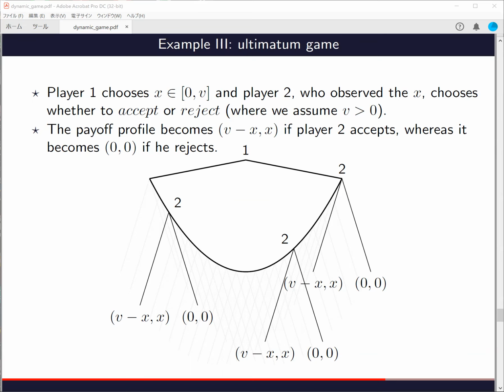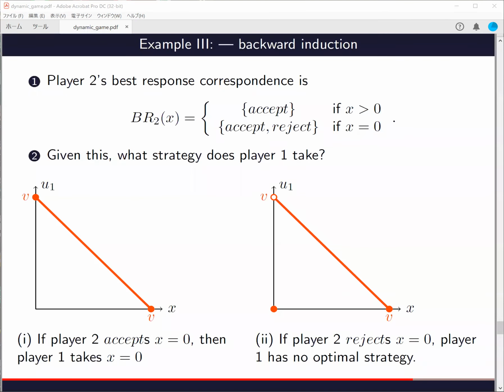It is not possible to draw all the information sets of player 2 here because there are infinitely many of them. The graph on the slide is a rough picture of what is going on. Let's find the subgame perfect equilibria of the game by backward induction. We first derive the best response correspondence of player 2 at every information set, in which an information set is given by the value of x.